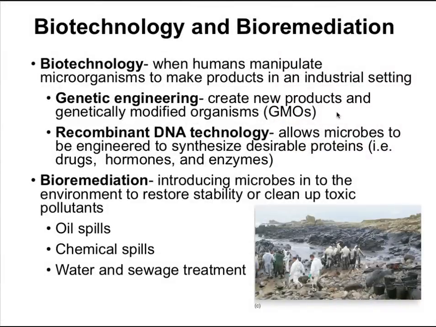When we create new products by genetically modifying organisms, that is, manipulating the genetics of those microbes, it's called genetic engineering. Genetic engineering not only occurs in microorganisms, but also in plants and animals, and we create GMOs, or genetically modified organisms. An example of a GMO are BT tomatoes and BT potatoes.